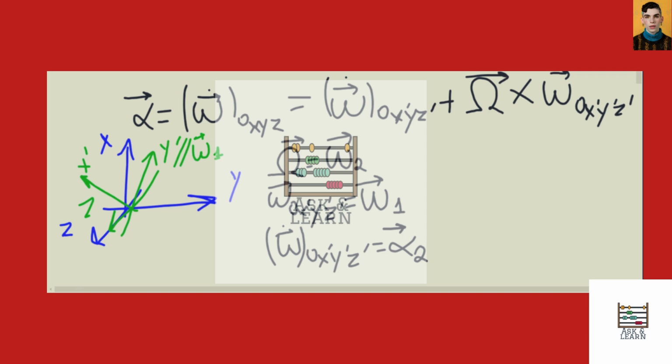And even though the observer moves with the rotating frame, the rotating frame moves supposedly with a constant angular velocity, but the rotation about the z-axis is accelerating. So the rotating observer will indeed identify that there is an angular acceleration about the z-axis. So let's write this more clearly.